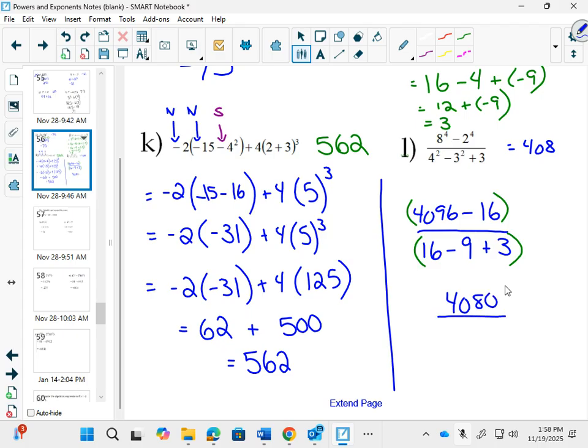And on the bottom, 16 minus 9 is 7, plus 3 is 10. Do you know the mental math trick for dividing by 10? You take a number and divide it by 10, you just move the decimal place 1 over. It'll be 408. That's exactly what I did.